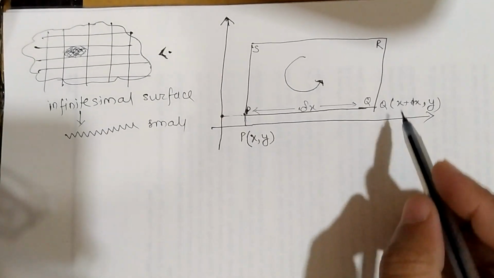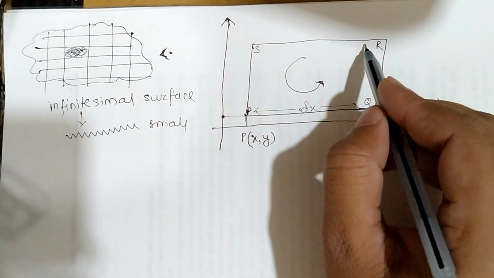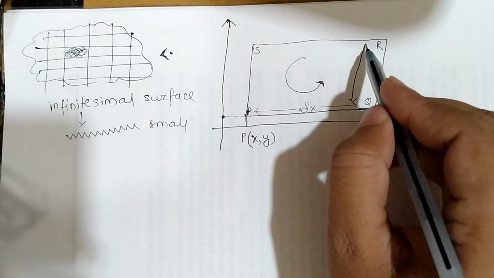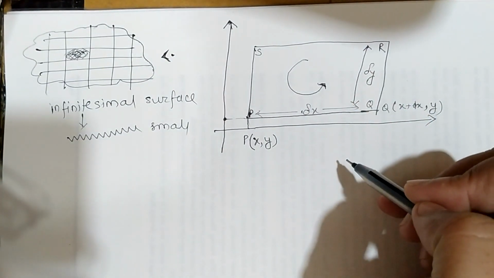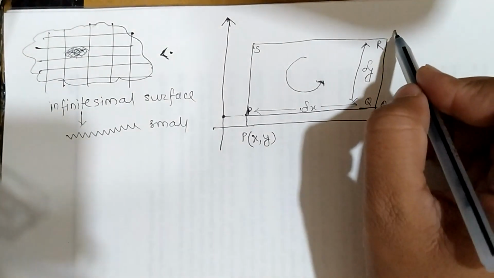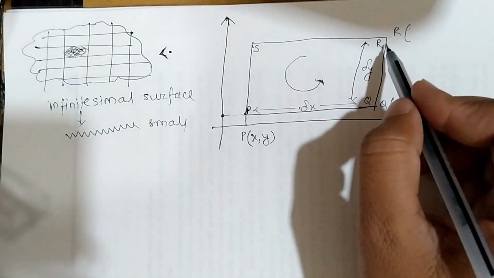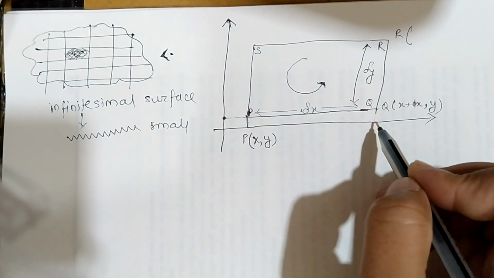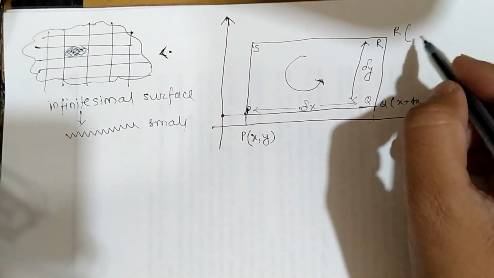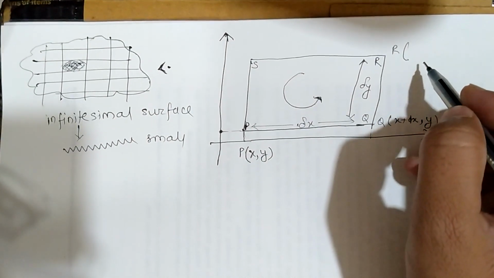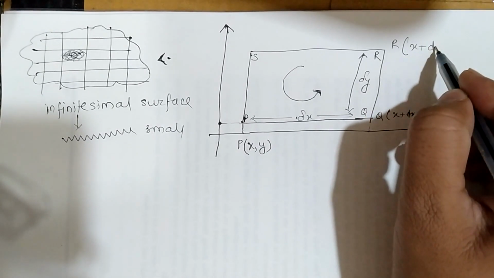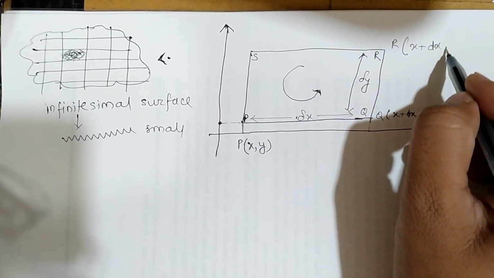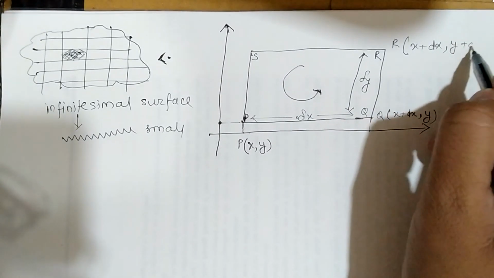Now similarly, the distance between Q and R is very small, which I consider as delta y. So point R has the same x coordinate because it is located on the same straight line, and therefore has the point x plus dx comma y plus dy.